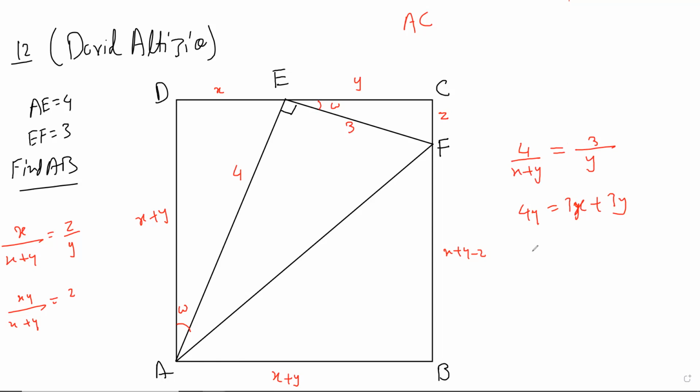So what do we get? I'm getting y is equal to 3x, which is fine. That's probably what you're also saying. So this is okay. Yeah, so y equals 3x. Sorry, so this is 3x.